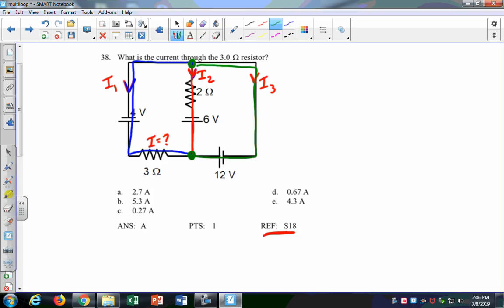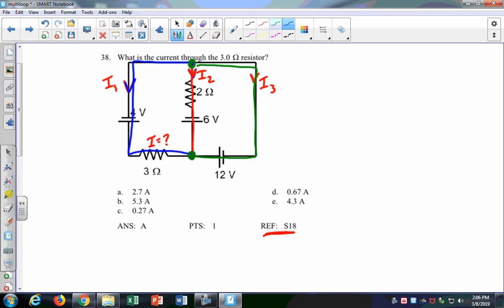Now, if I want to know the current through the 3 ohm resistor, the easiest way to do this is to write the equation for which loop? The big one, right. Because if I write the equation for the big loop, I'm only going to have one unknown in that equation. So it becomes pretty easy.